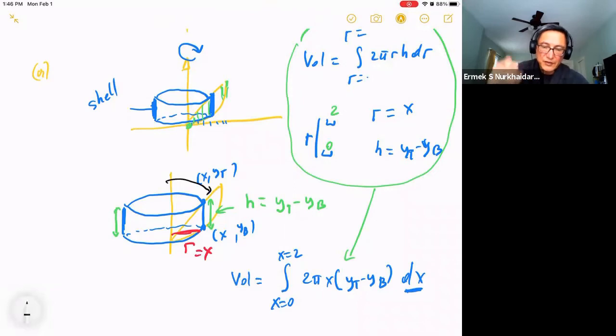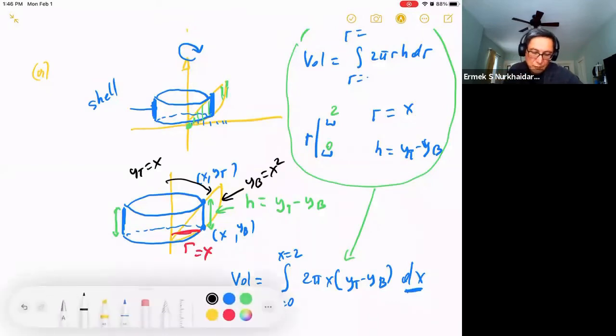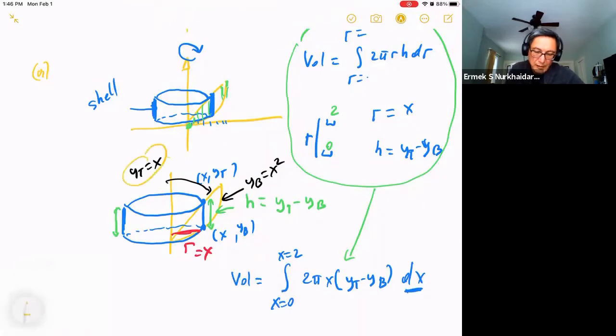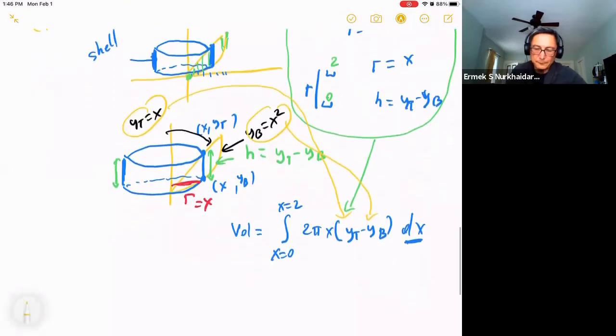Y top comes from the straight line y equals x. Y bottom comes from the parabola x squared. So we have y top equals x, y bottom equals x squared. We take them and substitute correspondingly. And then we'll do the substitution.